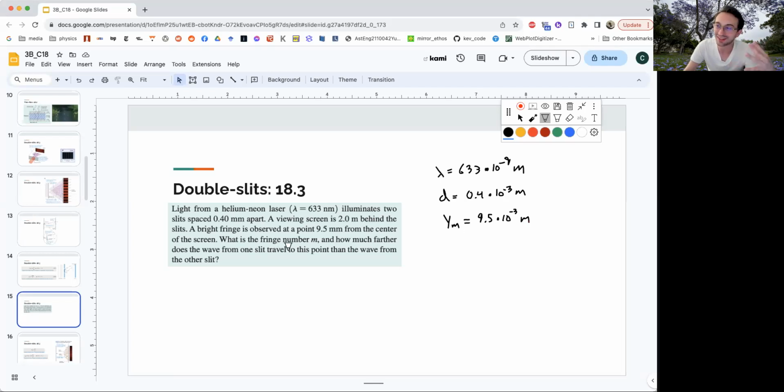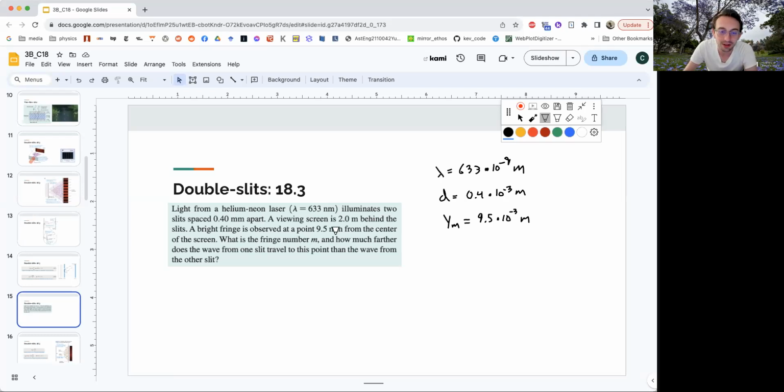That's why I used that formula rather than the angular formula, which is what we would want to use if they told us some value in radians or degrees. And if it were in degrees, we would need to convert that to radians for it to work. So throughout chapter 18, you want to be trying to work with radians, which was also true in the earlier chapters as well.